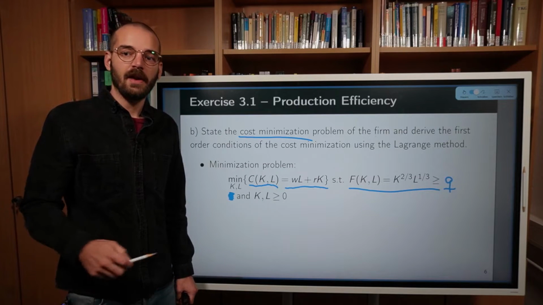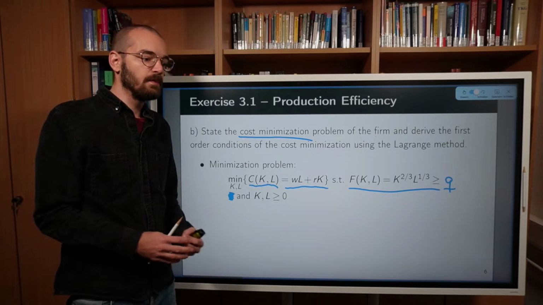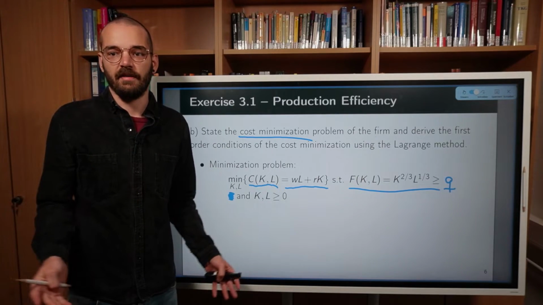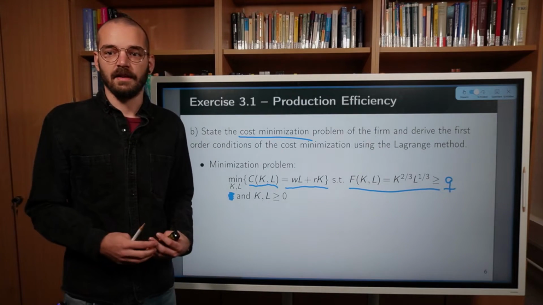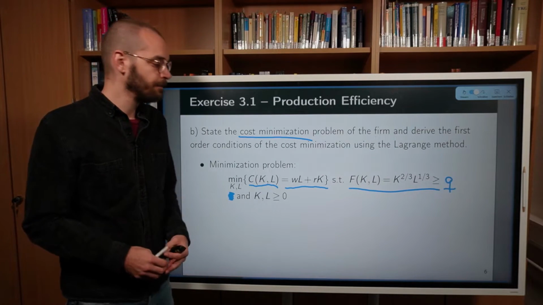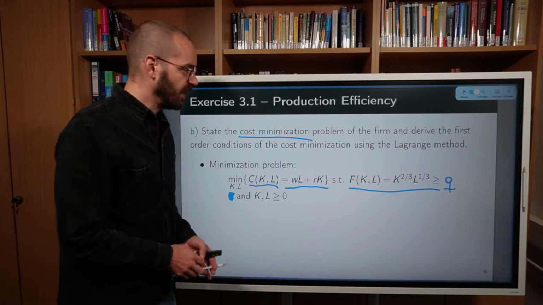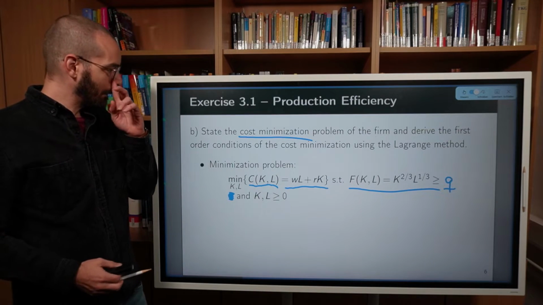In other words, we cannot choose a cost minimizing quantity of labor of minus whatever. We cannot employ a negative amount of capital or labor. So we have two conditions in this exercise.